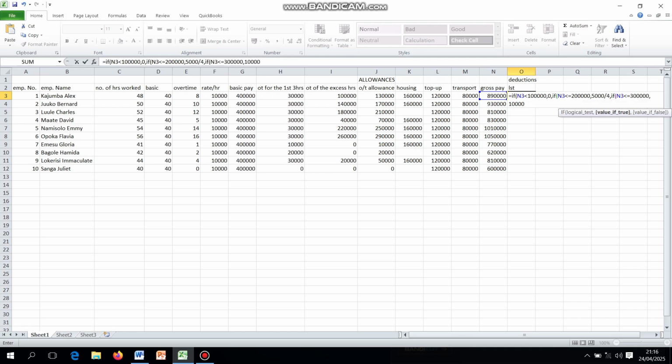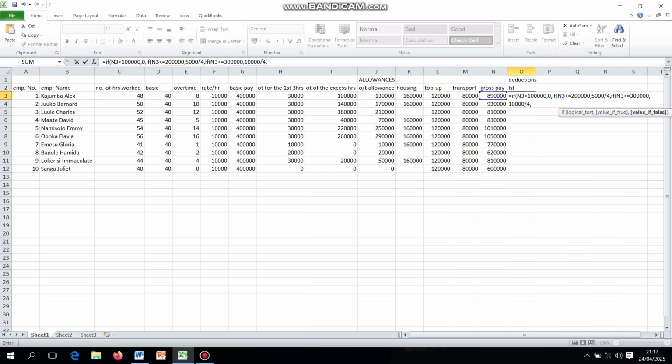For the 10,000, we shall divide it by 4. And you remember here, everything you put here are values. So if you're writing 10,000, please don't put commas. Just write it as it is, after that you put a comma, because it will differentiate everything.